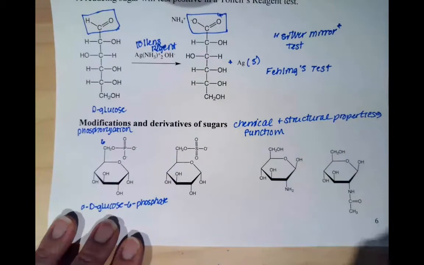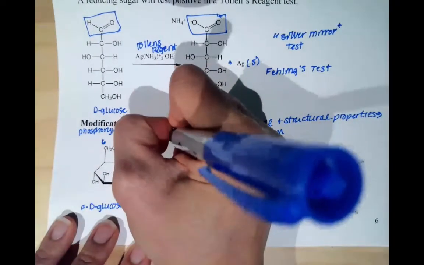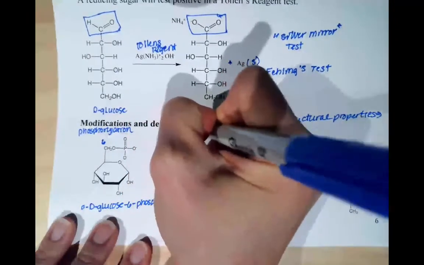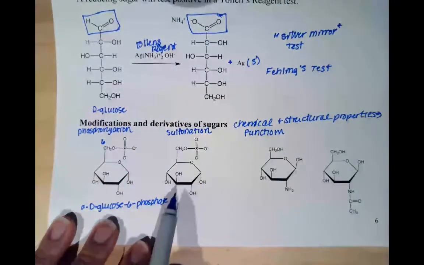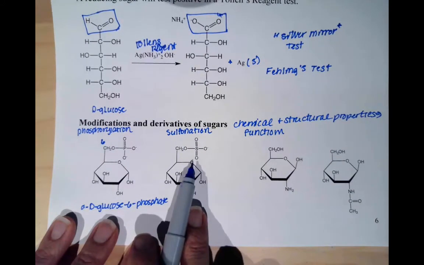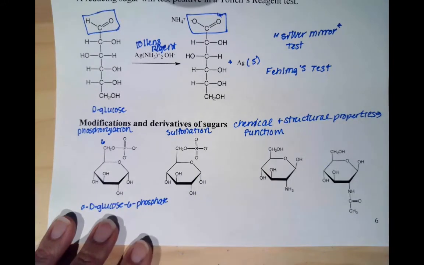Another common modification you'll see is sulfonation. So here is glucose that's been sulfonated, and the importance of this is that it actually gives the sugar a negative charge.